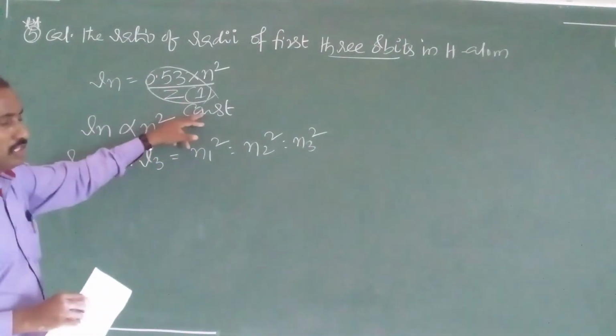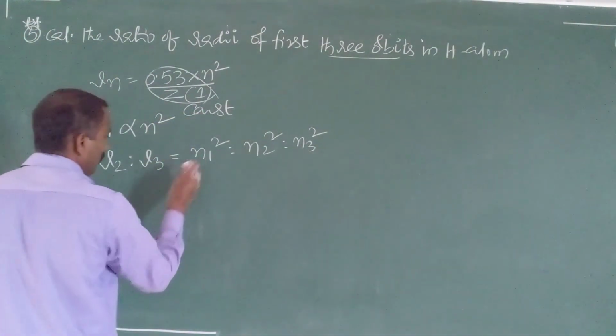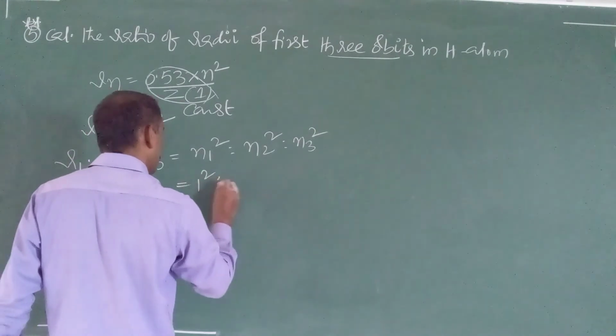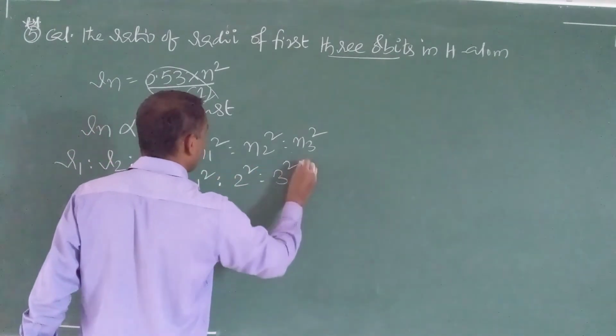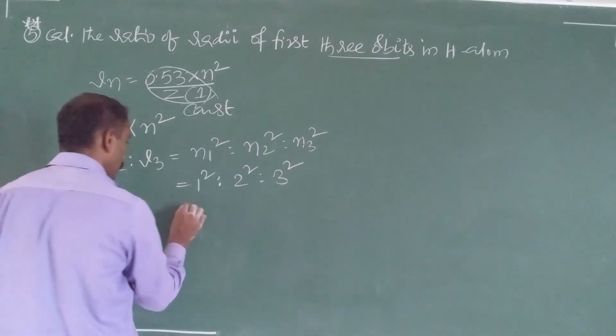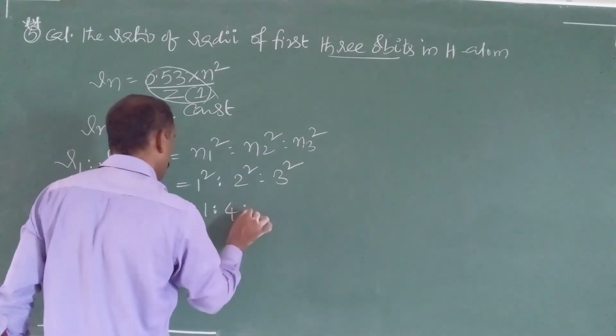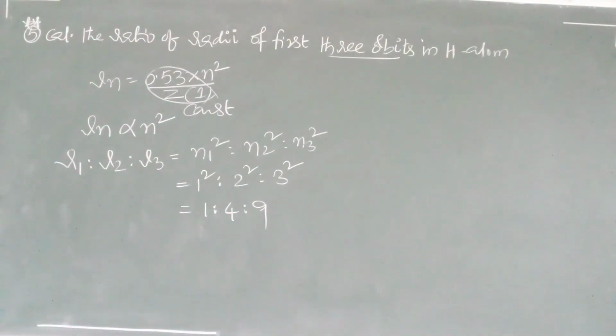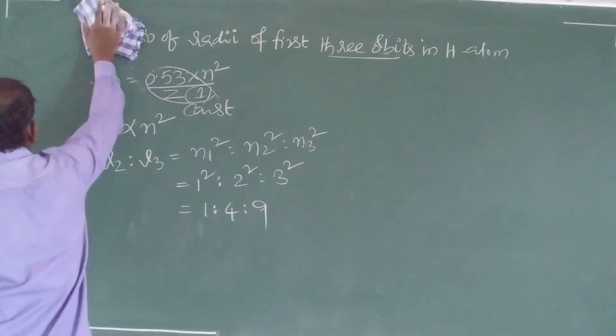First orbit n value 1, second orbit n value 2, third orbit n value 3. 1 square is to 2 square is to 3 square. So 1 is to 4 is to 9. So this is the ratio of radii of first three orbits of hydrogen. 1 is to 4 is to 9.